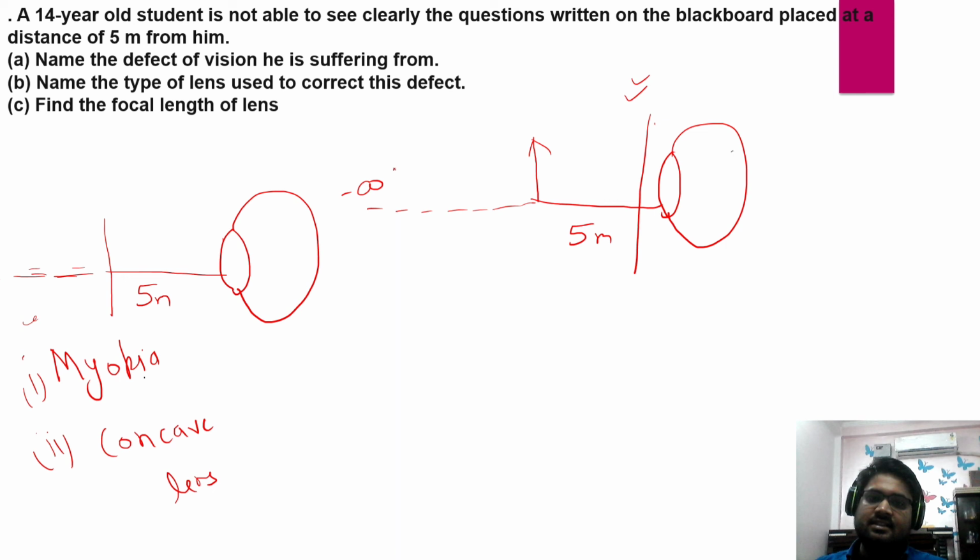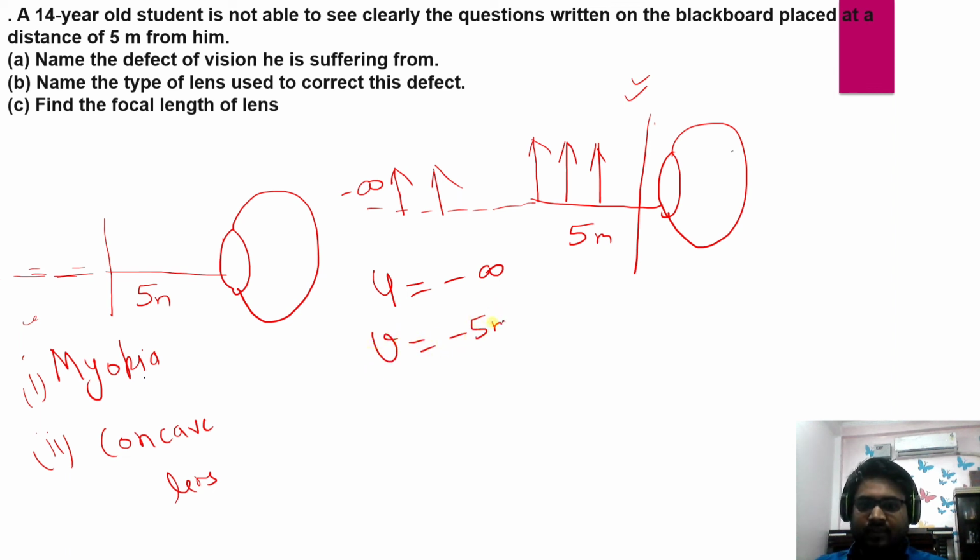Now if we decrease the distance from infinity to 5 meters, the image starts forming in this region. Further, if we place the object closer, then it starts forming in this region. So in this way we can say that the maximum distance where we place the object is minus infinity, and the maximum distance where the image can form is minus 5 meters.